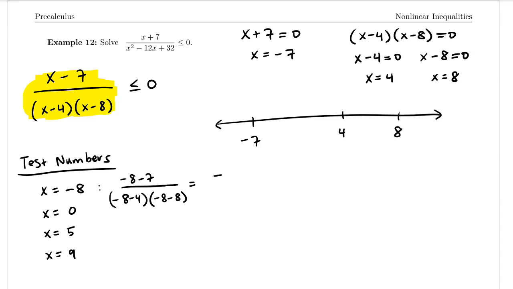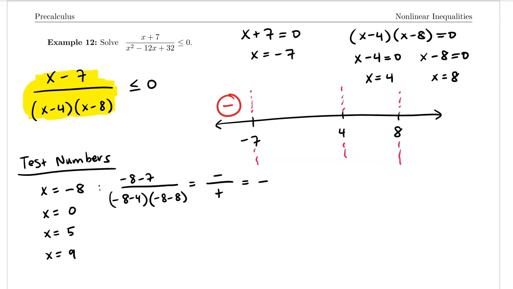So my numerator is going to end up simplifying to a negative number, and we're going to have a negative times a negative in the denominator. That's going to give us a positive. And finally, if we have a negative number divided by a positive number, this is going to be negative. So if I break up these intervals from -infinity to -7, that's going to be a negative value.